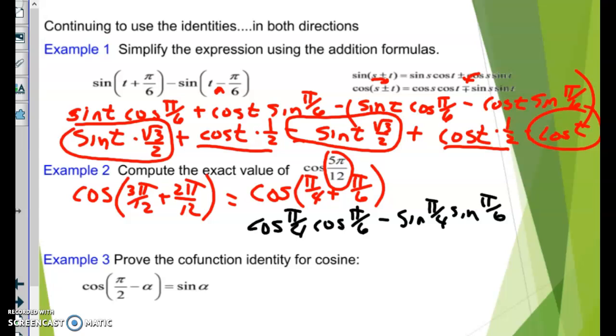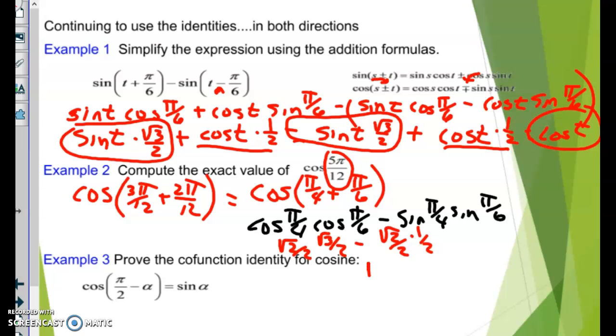And let's simplify that down. We're going to probably get stuff like root 2 over 2. Cosine at pi over 6 is root 3 over 2, minus. The sine at pi over 4 is root 2 over 2, and the sine at pi over 6 is 1/2.